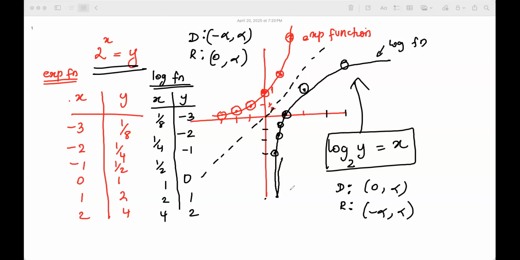Don't worry about the complex name. Exponential function and logarithmic function are inverses. The domain of this will become the range of the other, and the range of this will become the domain of the other. y becomes x, x becomes y. Graphically, it's just the reflection of the exponential function on the line y equal to x.